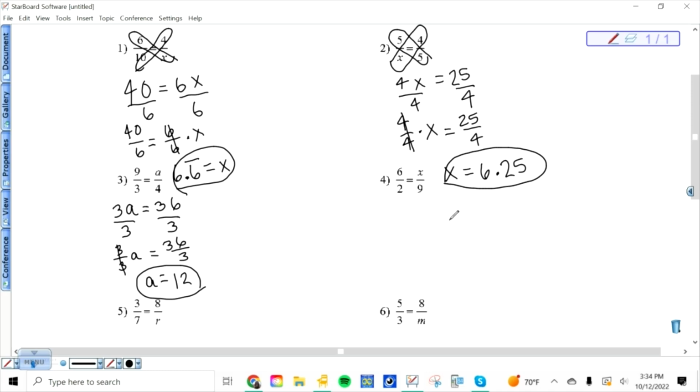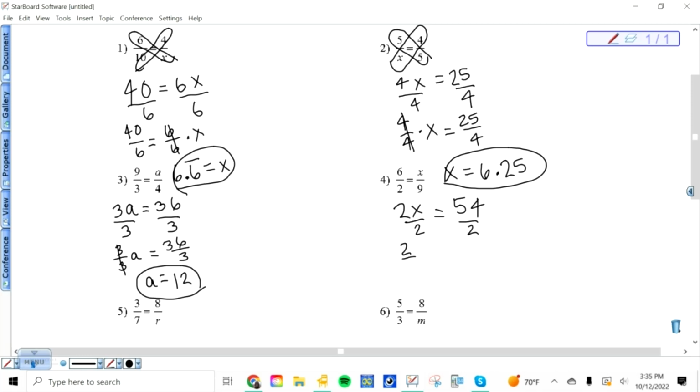Number 4, what do I do? Huh? 2 times x equals 6 times 9, 54. And now? Yeah, divide both sides by 2.